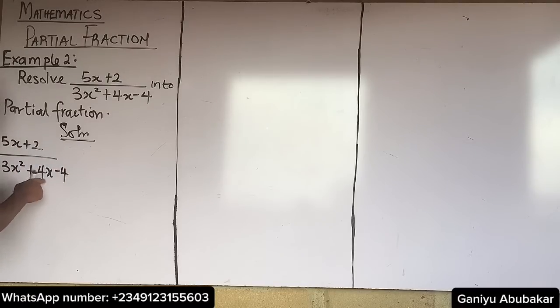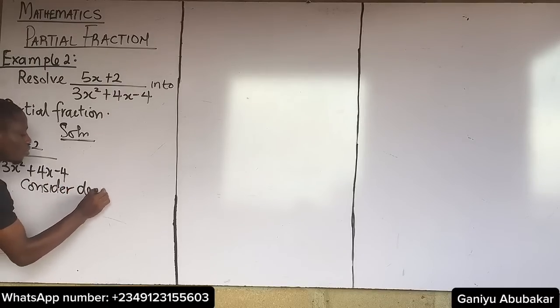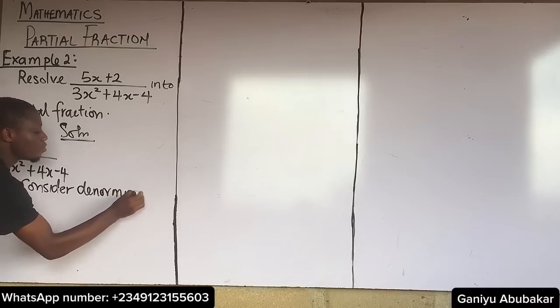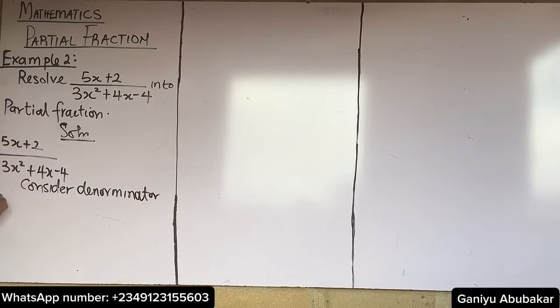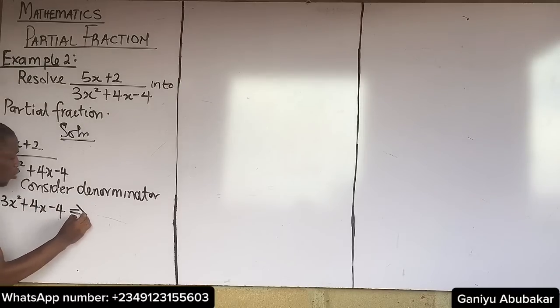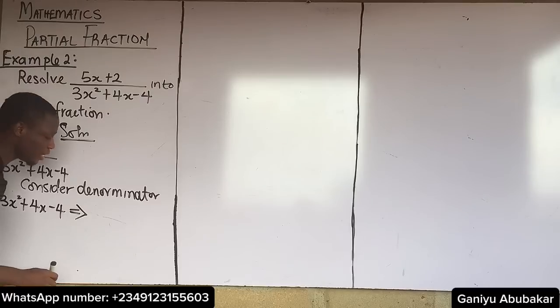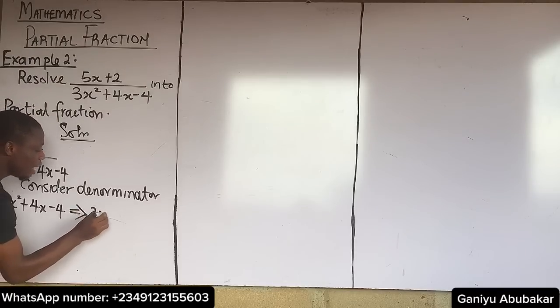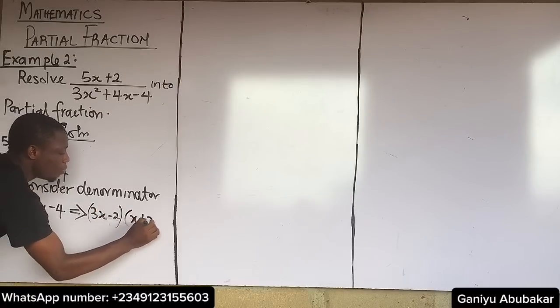First task, consider the denominator. My denominator here, I have 3x squared plus 4x minus 4. If I solve this quadratically, I'll have 3x minus 2 and x plus 2.